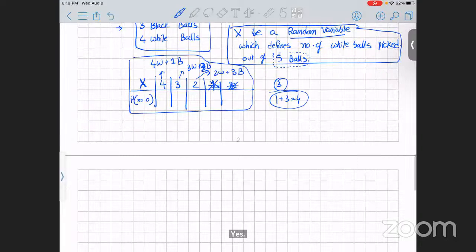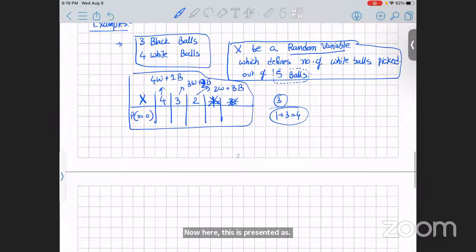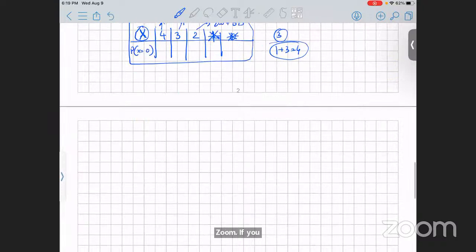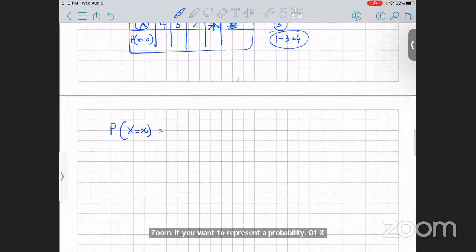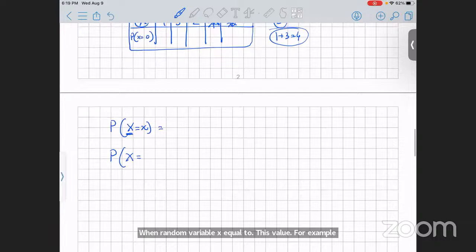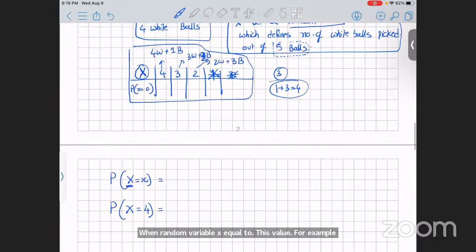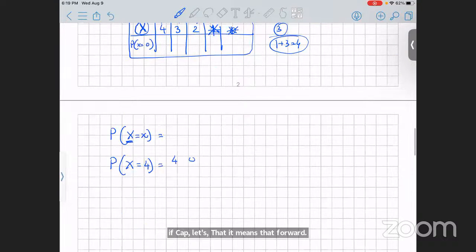Now here, this is represented as x. If you want to represent a probability of X equal to x, it means when random variable X equals this value. For suppose if capital X is equal to 4, then it means 4 white balls are selected out of 5 balls.